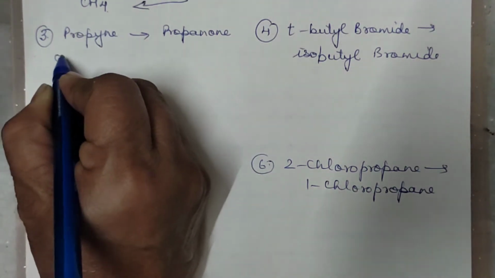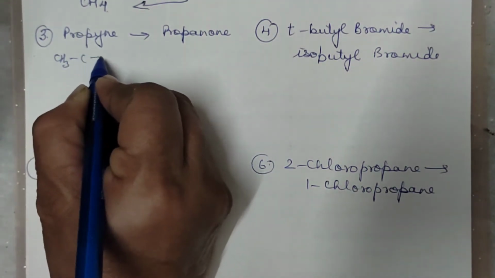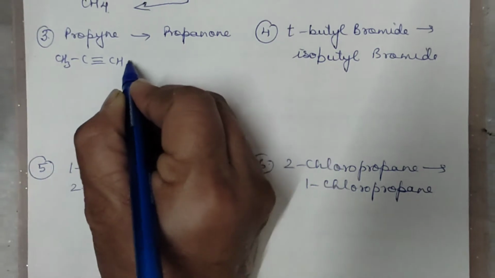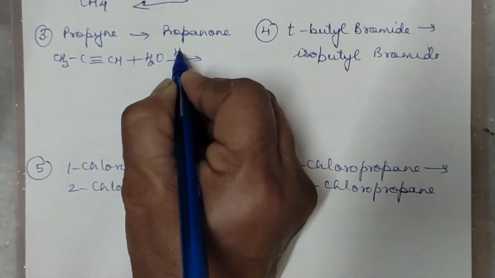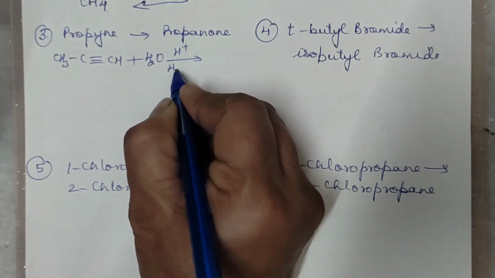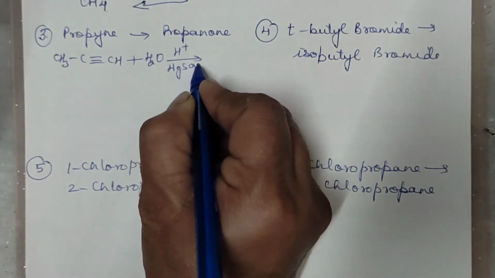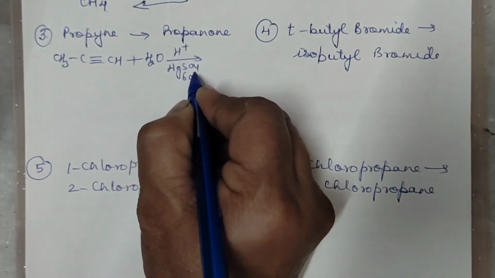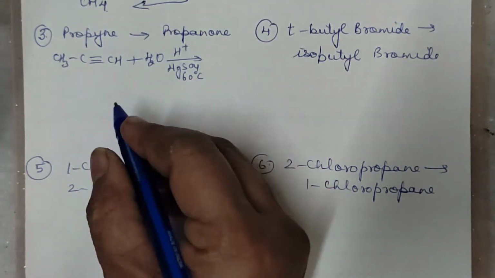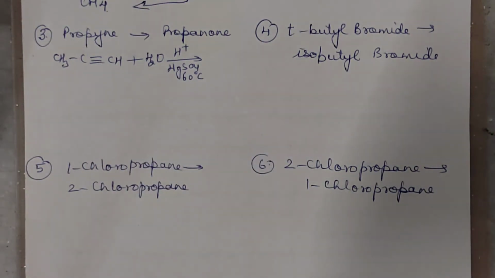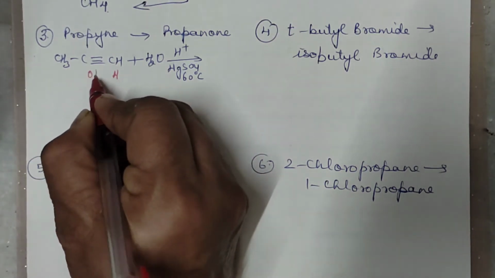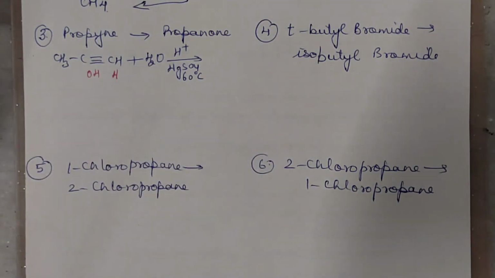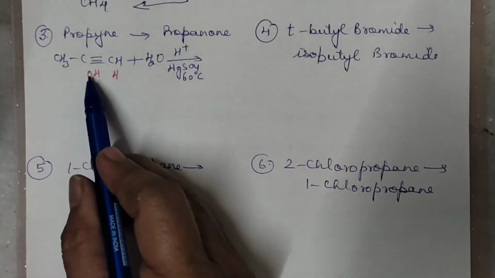So what you will do is, propyne, you will add water. This is done in the presence of acid medium, HgSO4, H2SO4, HgSO4, 60 degrees Celsius. Since it is an unsymmetrical alkyne, you will be adding water as per Markovnikov's rule. H this side and OH this side. So you will have OH attached here.